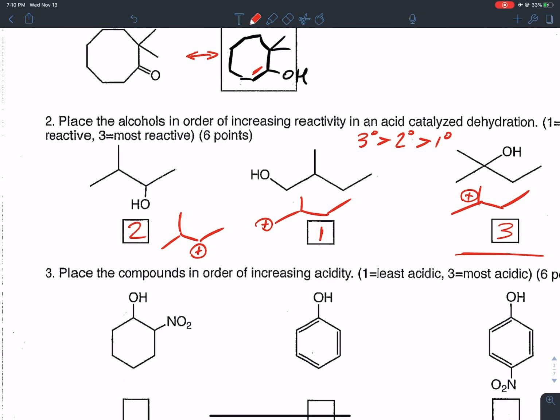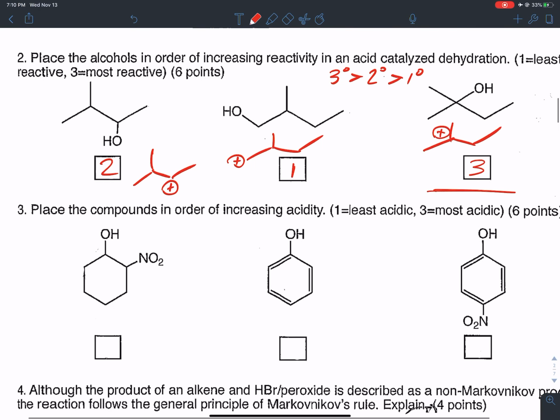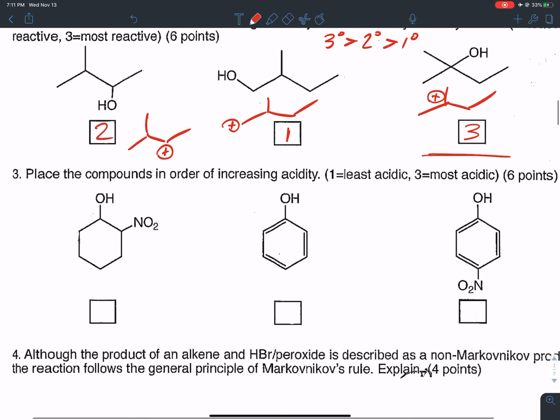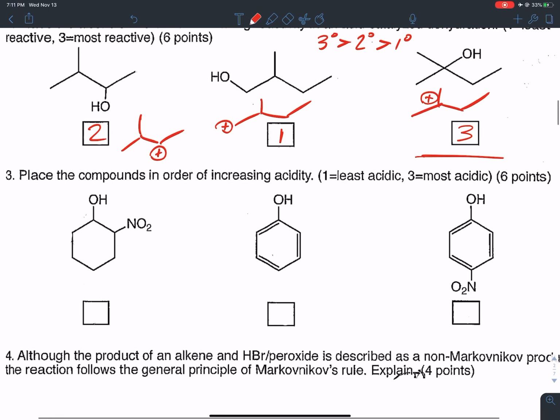One thing I want to note, Dr. Bean, for the mechanism for the dehydration of a primary alcohol. Remember, the first thing that happens, we have our protonated alcohol, positive charge, and then that's going to leave.